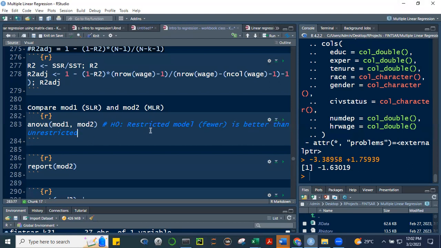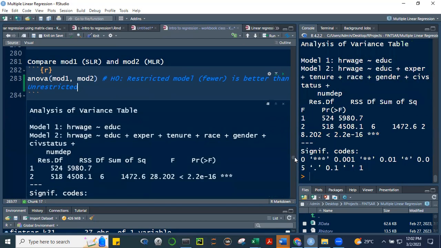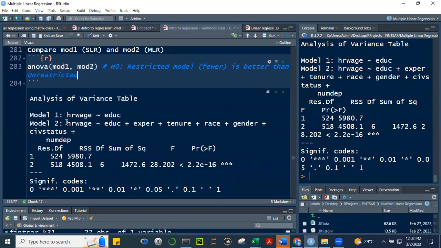Kasi ang tinetest natin dito, kailangan pa ba natin magdagdag ng predictors? Okay, which is the unrestricted. Okay, so ang test, restricted model or the one with the fewer predictors, which is model 1 in this case, is better than the unrestricted. And if we run this, okay, what do we see? Okay, si model 1 natin, yung restricted, ito lang.